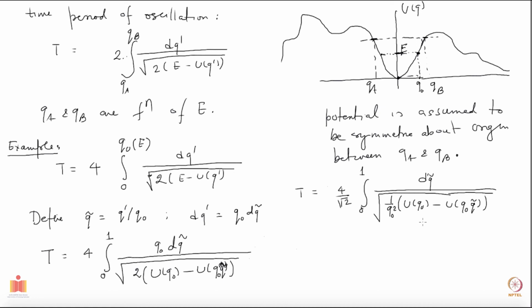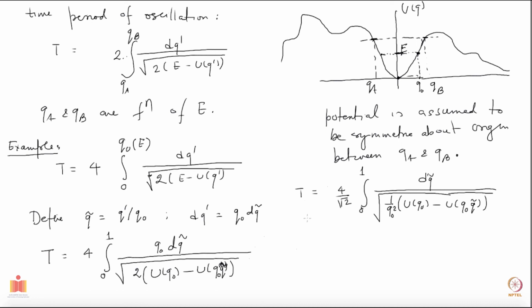So note that in general this time period of oscillations will be a function of q0. And this q0 is really the amplitude of oscillations, right? Because that is the maximum distance it will come up to, and which is determined by the energy, as we said before.